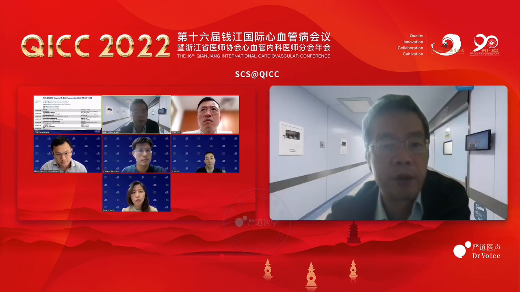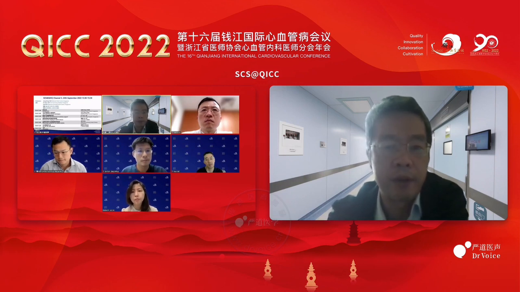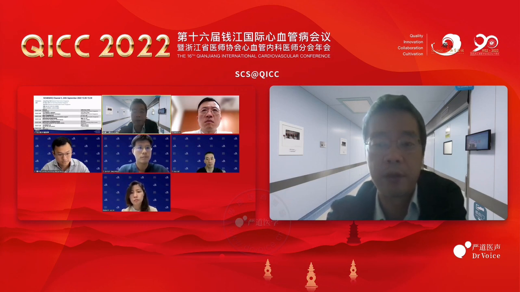Yes, usually we will separate the procedure because for patients with baseline CKD, they always have complex coronary lesions. And one of the reasons I prefer this is I need to discuss with my surgeon colleagues to evaluate the possibility of CABG and also discuss with the family, with the patient.